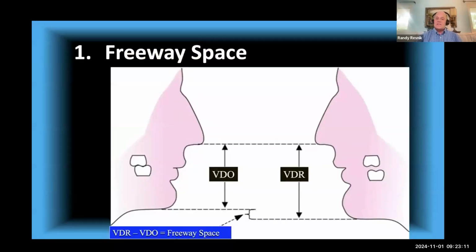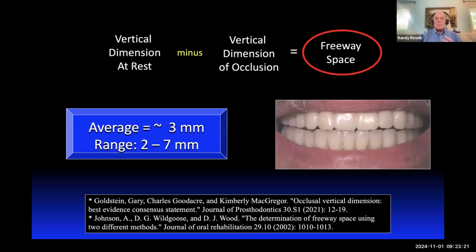The first is freeway space, just what I talked about earlier. It's the vertical dimension of rest minus the vertical dimension of occlusion equals the freeway space. So what is so big about freeway space? Well, basically, this is used in prosthetic dentistry to evaluate and to position the teeth and for our maxillomandibular relations.